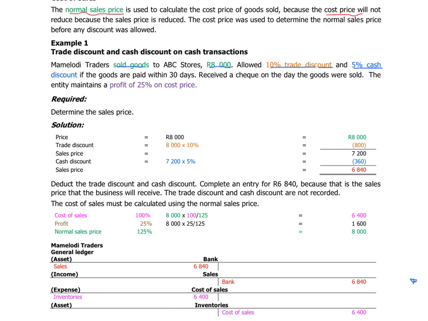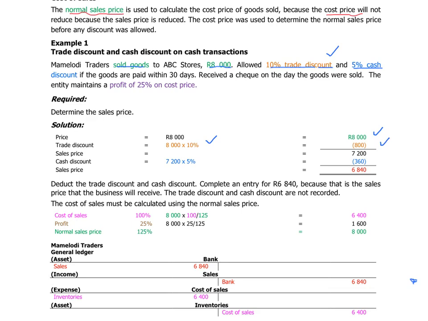Okay, that means that when we calculate the actual sales price, you will write down the sales price of 8,000 Rand. Then, because there was a trade discount of 10%, you will deduct 10% on the 8,000, and that will give you 800 Rand. Subtract the 800 from the 8,000.